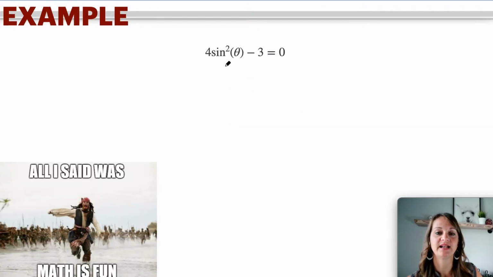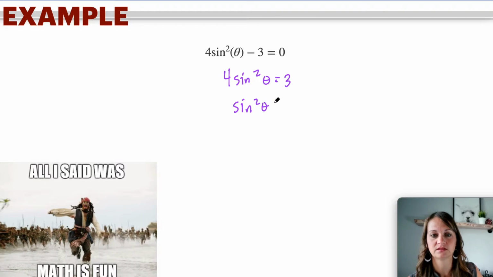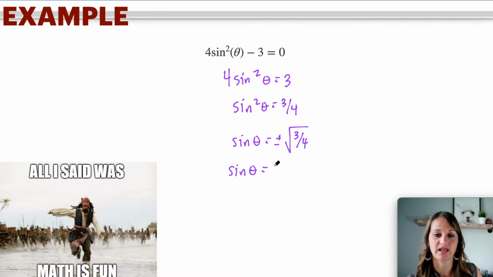To solve for sine, I need to first add 3, and then I need to divide by 4. Now this is squared, which means we need to take the square root. And whenever you take the square root, you will get a plus or minus. So we are going to be looking for two different places on the unit circle. When is sine, again, sine is your y value, when is sine equal to a positive square root of 3 over 2 and also to a negative square root of 3 over 2?